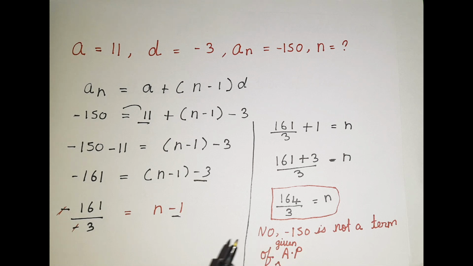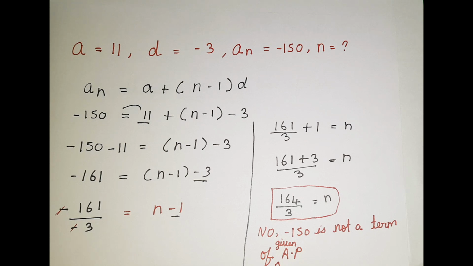You guys might be wondering, in case I get n is equal to some other number, for example n is equal to 50, I am just predicting it. I am teaching this because you guys should know. In case you get n is equal to 50, then I can say that minus 150 is the 50th term.